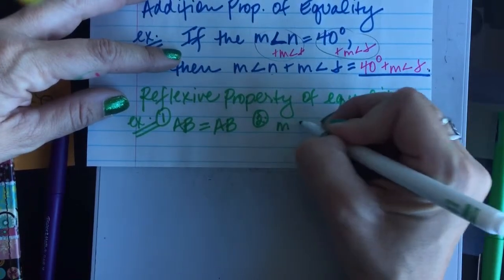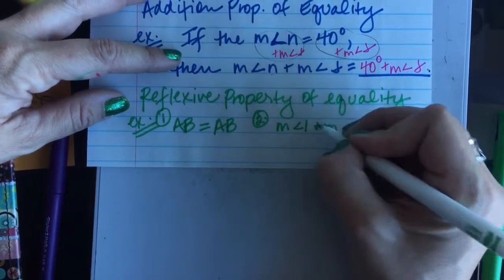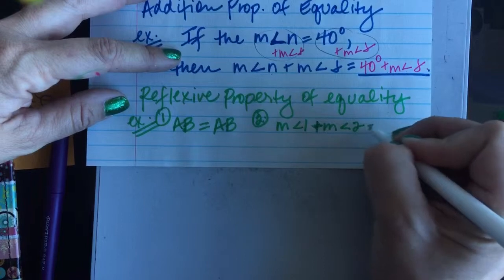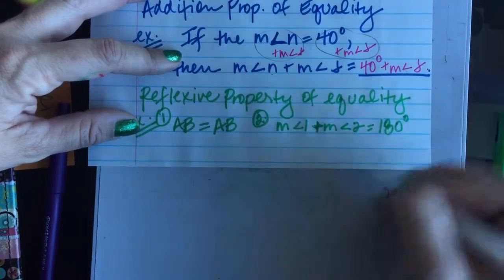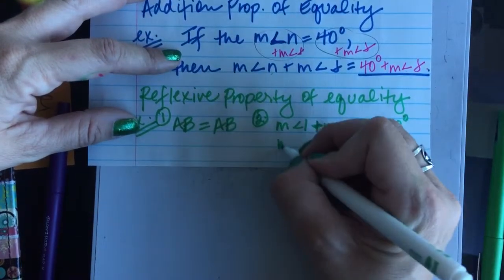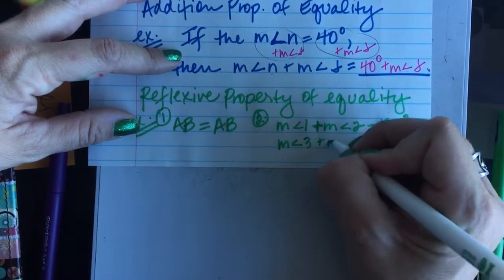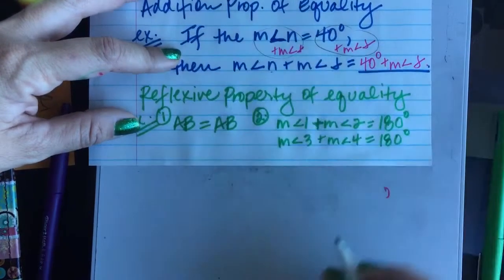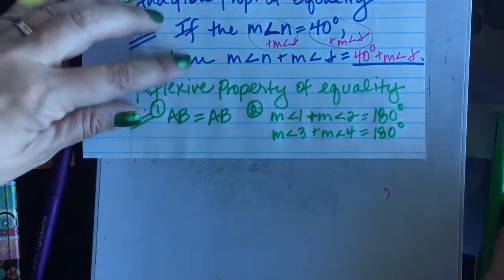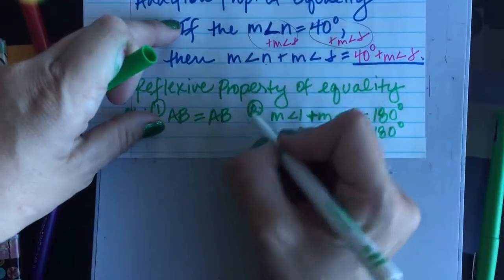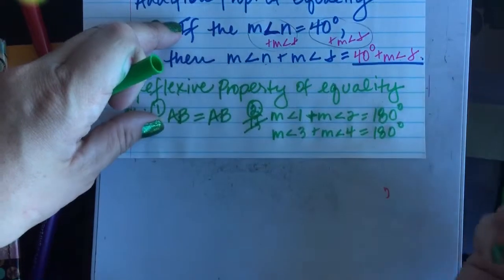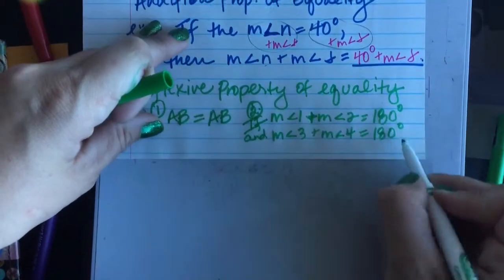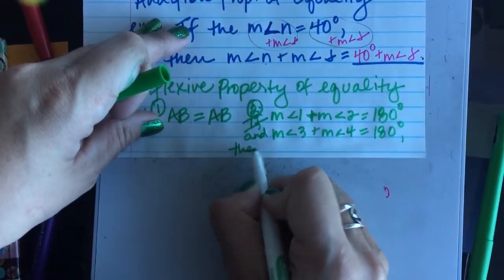If I knew that the measure of angle 1 plus the measure of angle 2 was 180, these are supplements. Let me say also that the measure of angle 3 plus the measure of angle 4 are also supplements. If these are both supplements, I'm going to put if, and I'm going to follow up with a then.